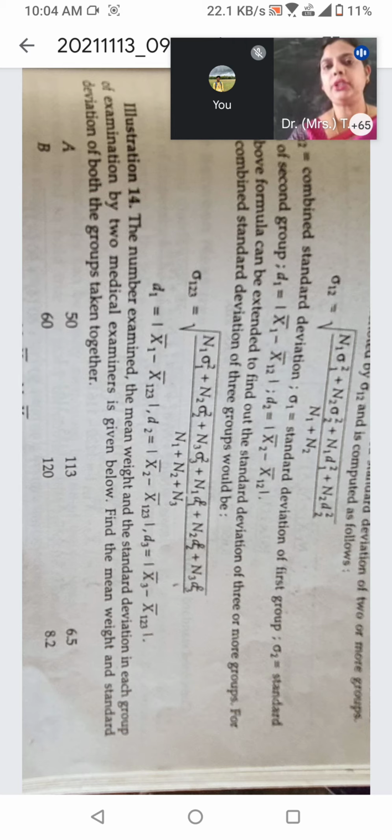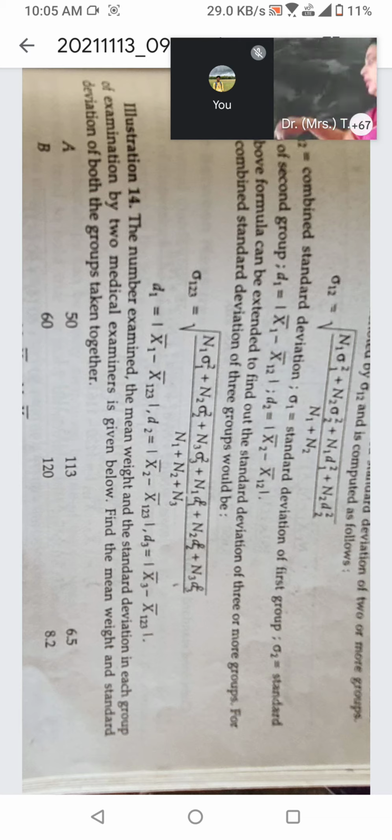So what is the formula for that? For combined mean, where mean 1, mean 2, we write it as mean 1,2. What is the combined mean for that? What is our formula? Mean 1 into n1 plus mean 2 into n2 by n1 plus n2.